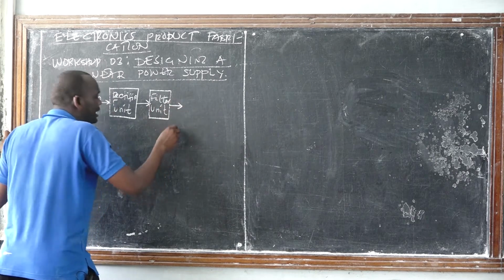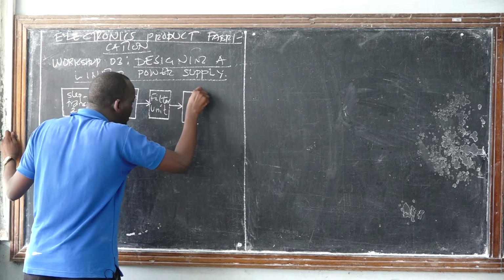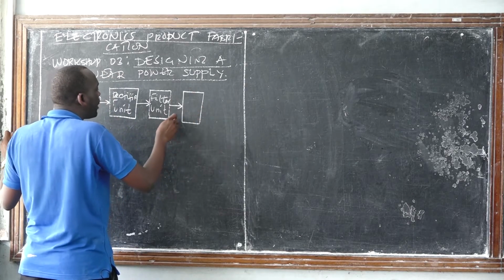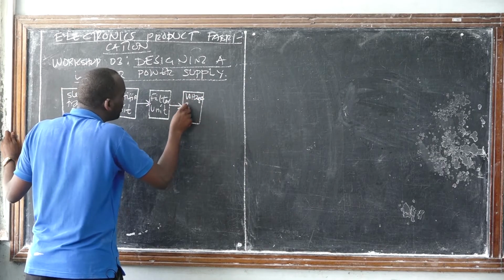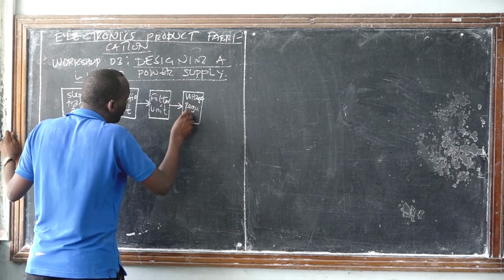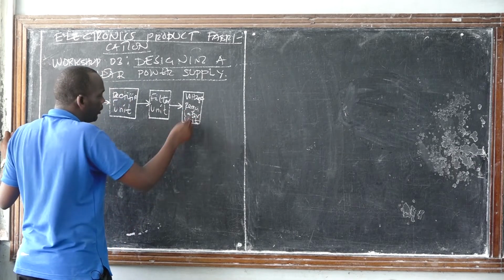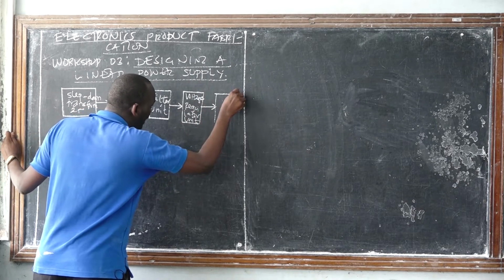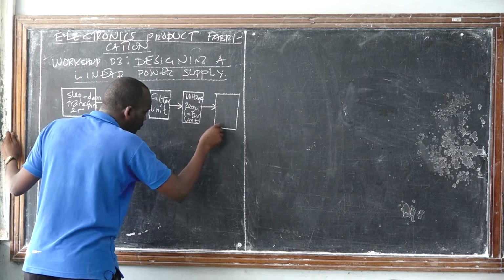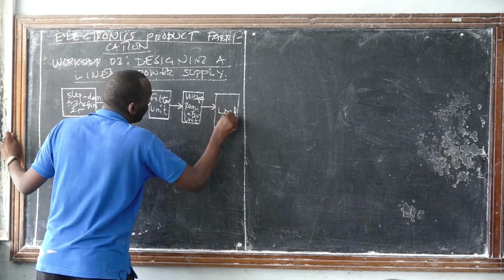Once the filter unit filters the unregulated DC power, it delivers its output to the voltage regulator unit. And once it performs its responsibility, we have the last block, which will be consuming the power from the linear power supply, which we call the load.